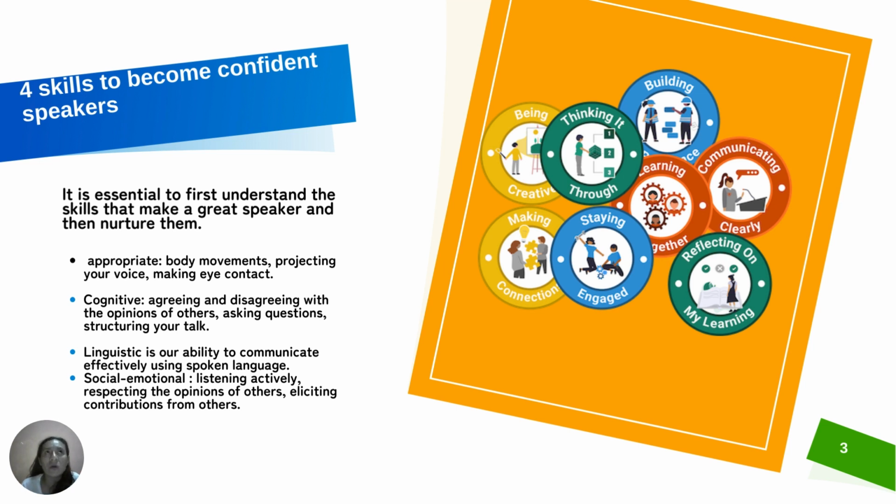When we talk about linguistic, it is when we have communication in a good way. And then we have social. Social is about our environment, or what is around us. And emotional is about our feelings or emotions.